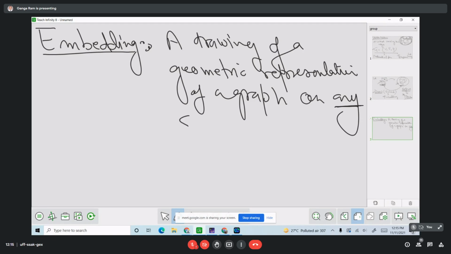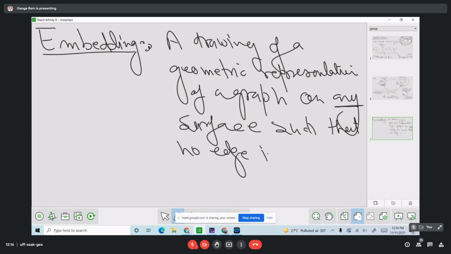Okay, with the condition that no edge intersects. So that no edge intersect is called embedding. So embedding is nothing, it is a drawing. Clear? Okay, drawing a graph on any surface without crossing the edge, it is an embedding.